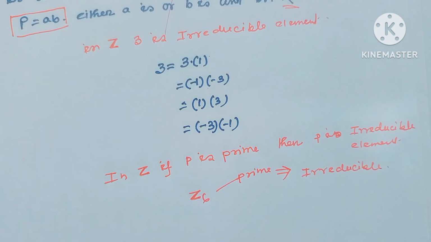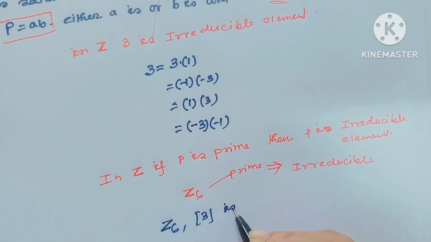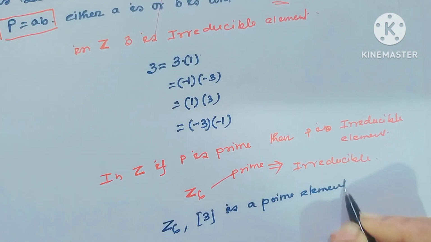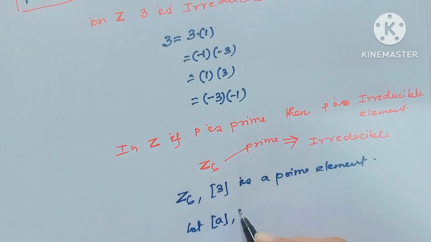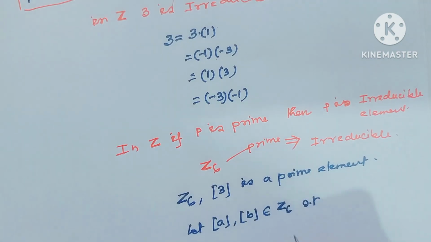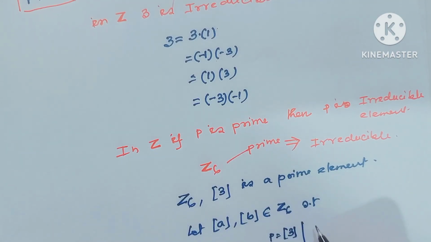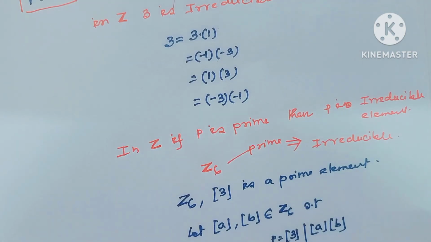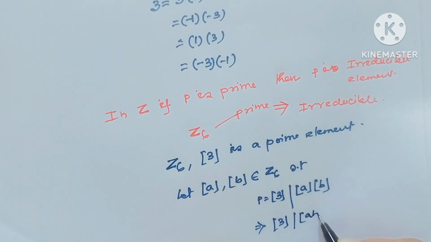Let me show it. In Z6, class 3 is a prime element. Why? Let class A and class B belong to Z6 such that P equal to class 3 divides class A times class B. That implies class 3 divides class AB.